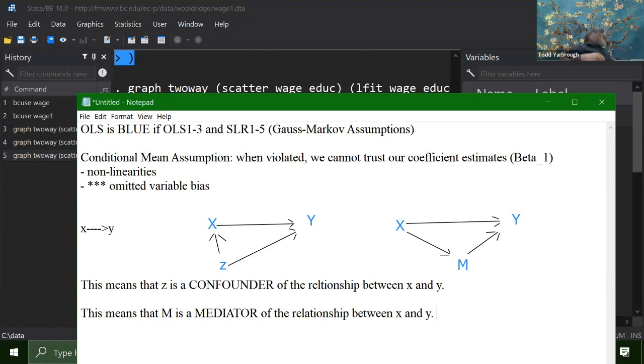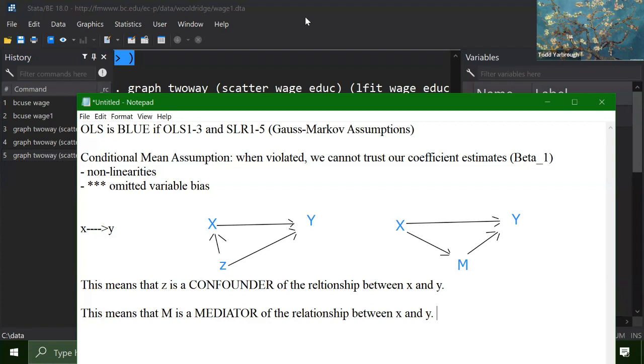It mediates the relationship between X and Y. If we don't have M in a linear regression of X and Y, that would also be an omitted variable, and so we would have omitted variable bias.